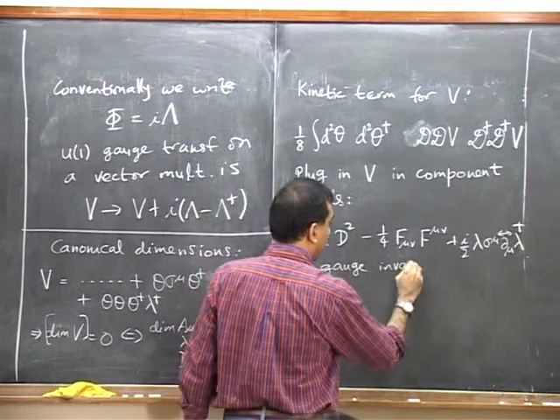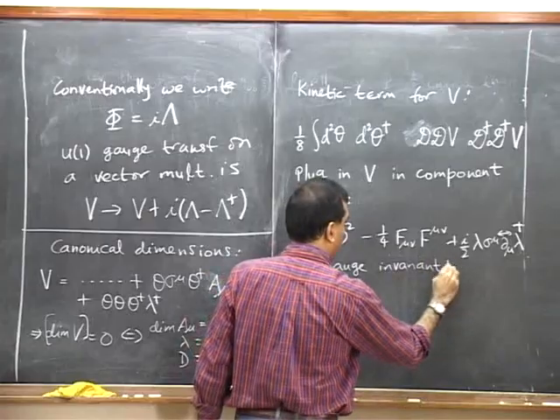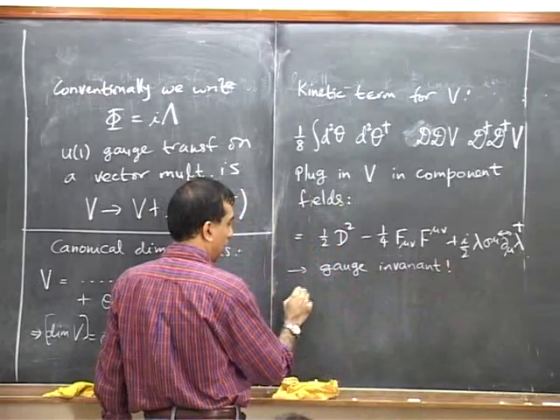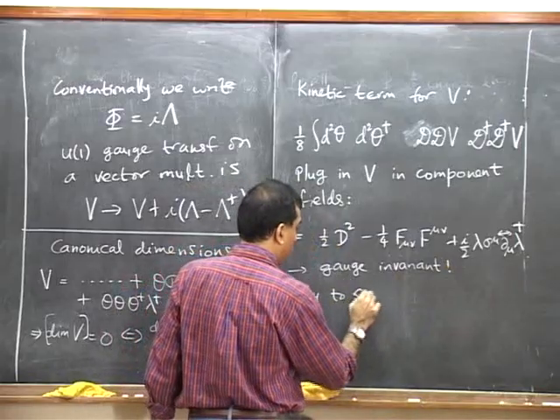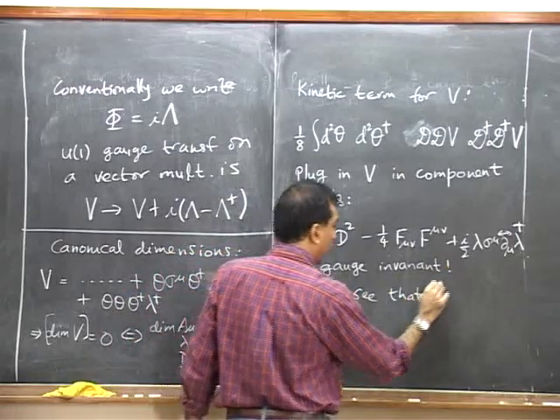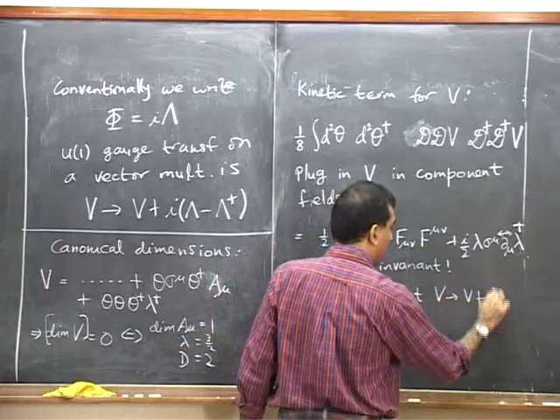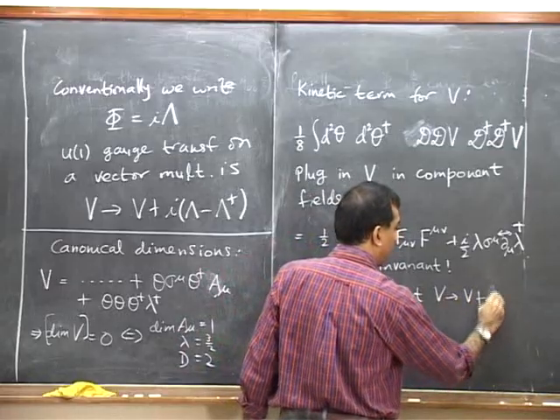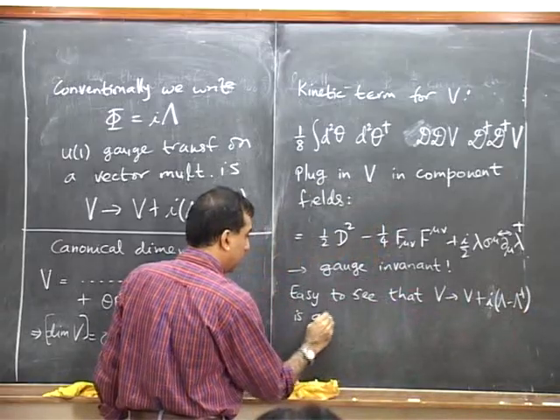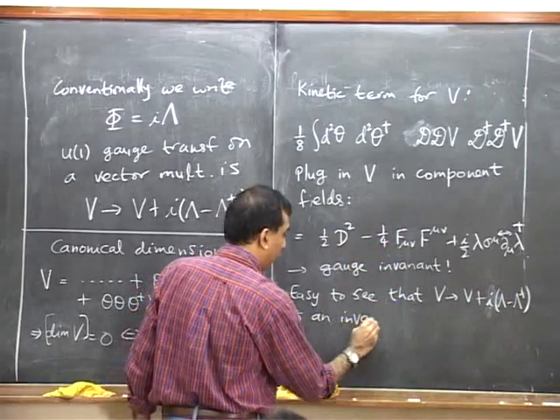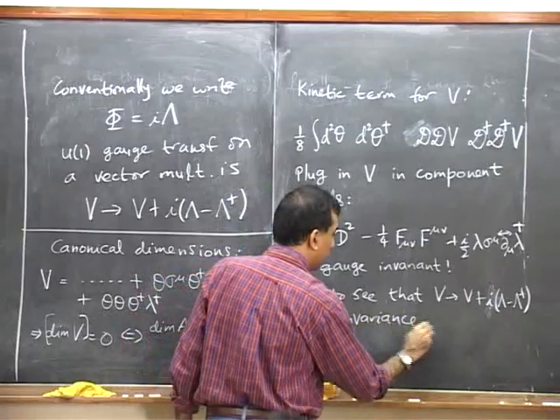But actually, it's easy to see that V goes to V plus i lambda minus lambda dagger is an invariance of the original superspace action.